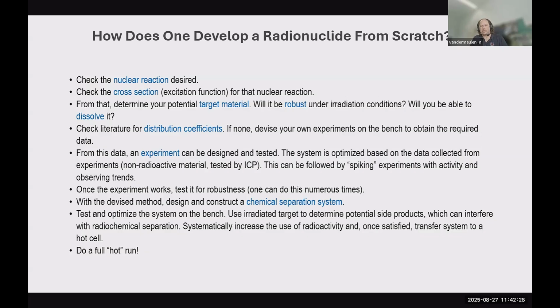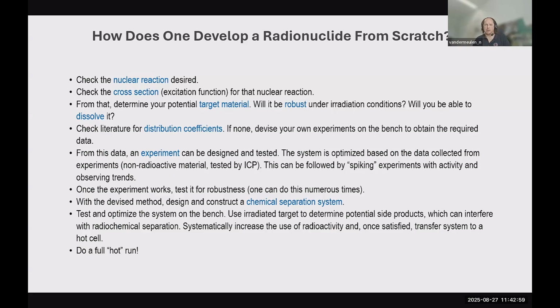But the distribution coefficient determines how well your resin, under certain conditions, will be able to retain a specific element. And based on those numbers and that data, you can try and devise a chemical separation process under specific chemical conditions to be able to get your desired nuclide.